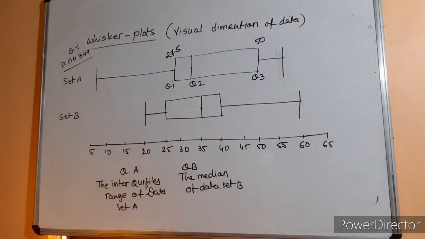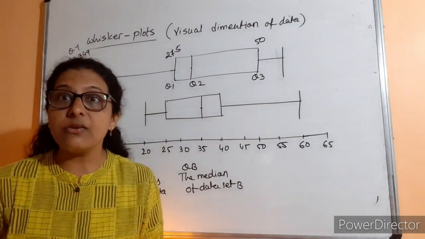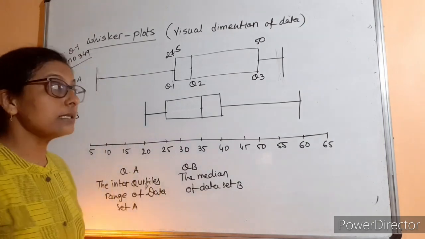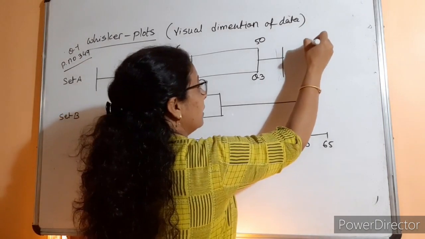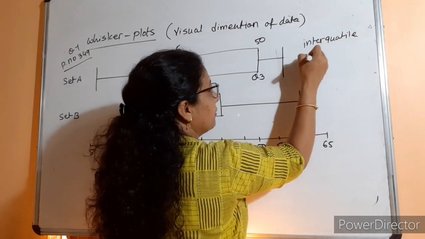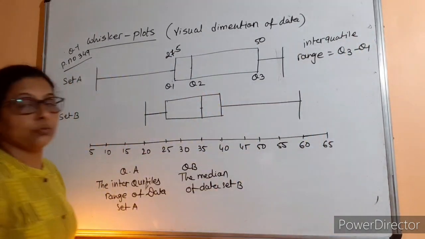Yes. Then we want to find the interquartile range of the data set. You know how to find this interquartile range? When we discussed quartiles, we discussed that interquartile range is equal to Q3 minus Q1.